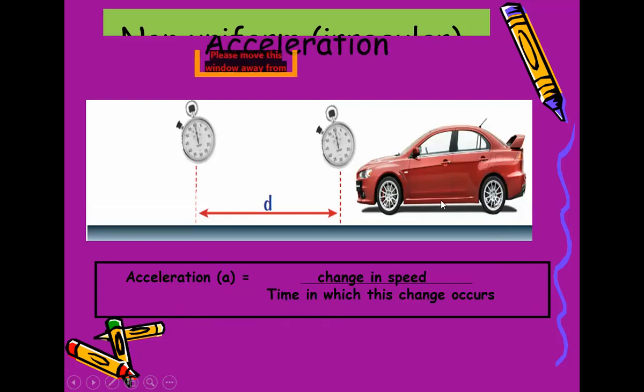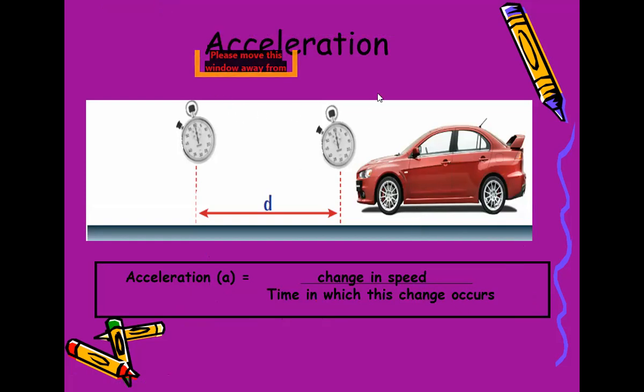Okay. Not in this lesson, but in the next lesson for this unit, I will give you a simple introduction for the first unit. We will study acceleration. What is meant by acceleration and what is the difference between acceleration and speed?